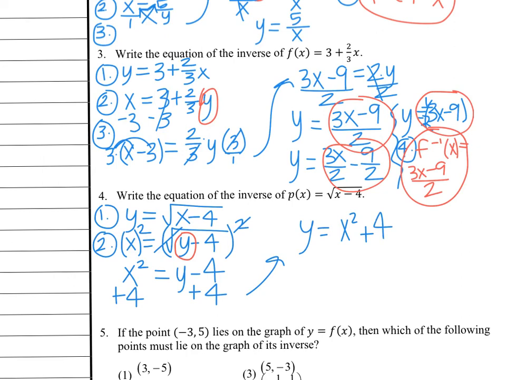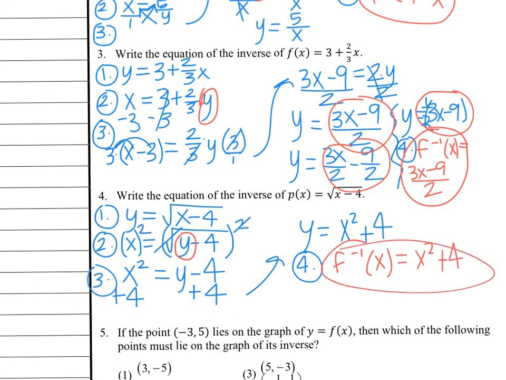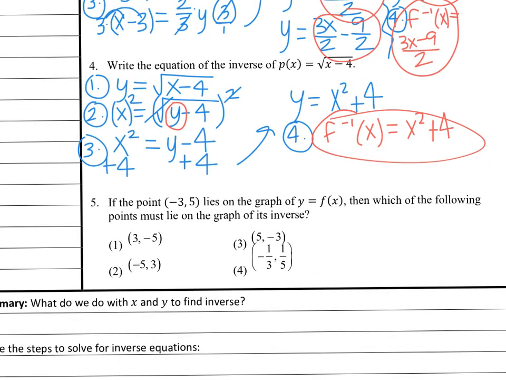And then our last little change here, so that was step 3 is solving, and then step 4, replacing your y with the f inverse of x equals x squared plus 4. Boom, done.